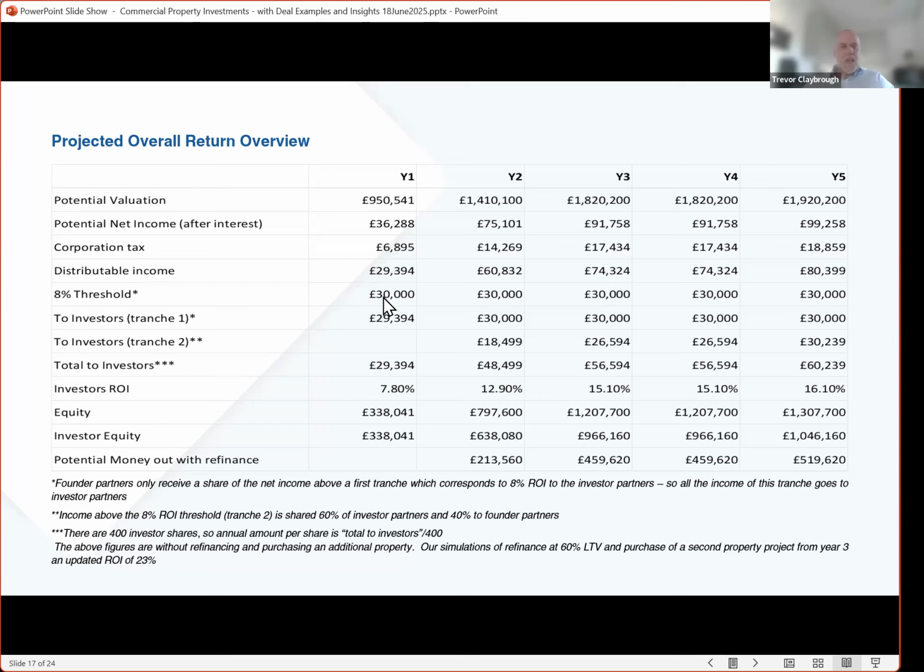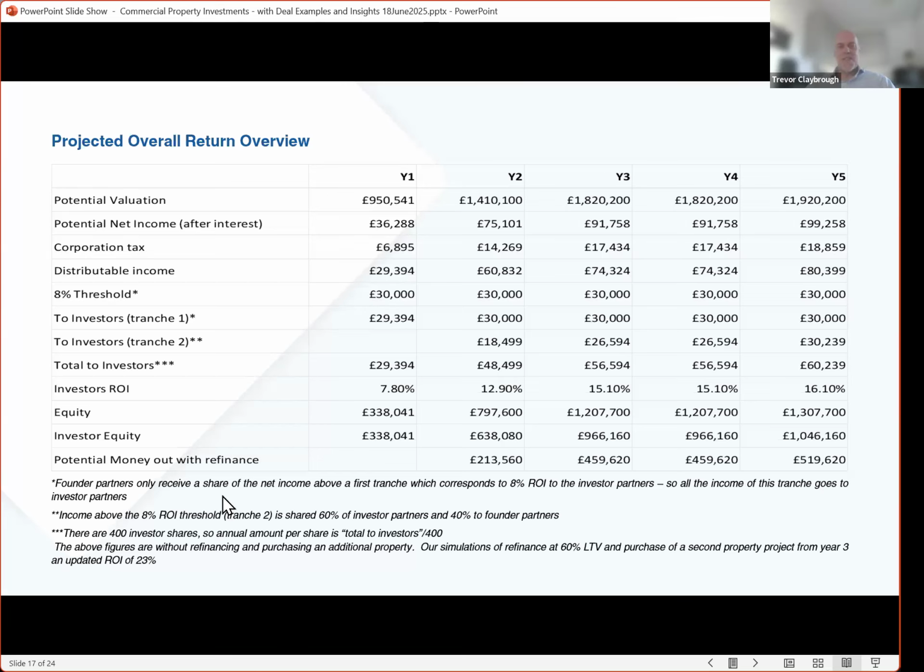So coming back to the figures, these are what the figures look like on this specific investment, and I see time is going on, so I'll be fast on this one. How does it work between what we call the investor partners and the people bringing the expertise?